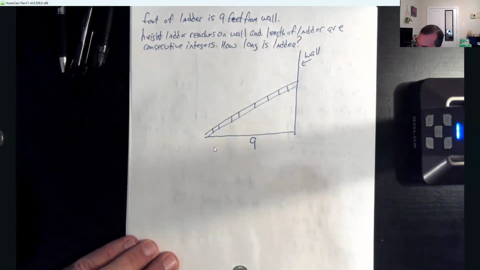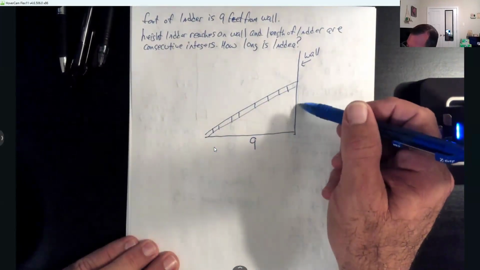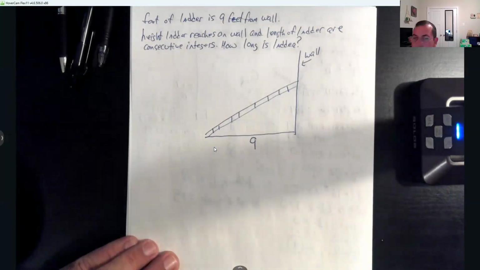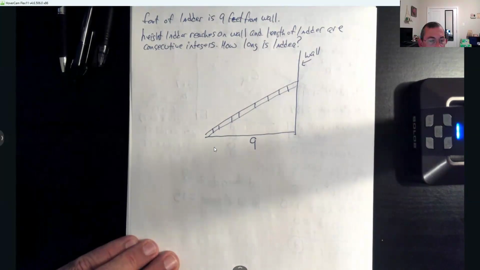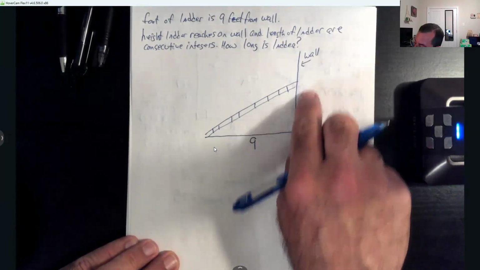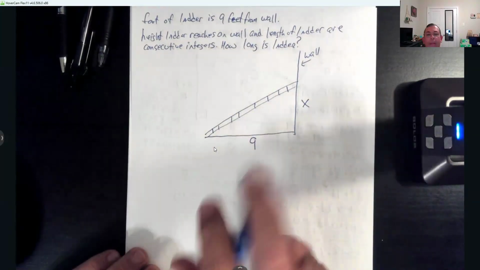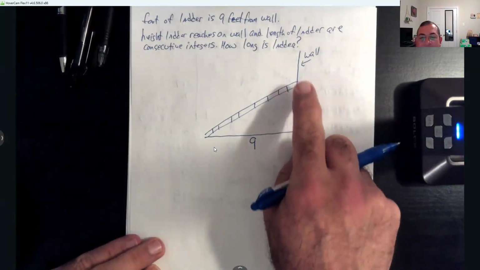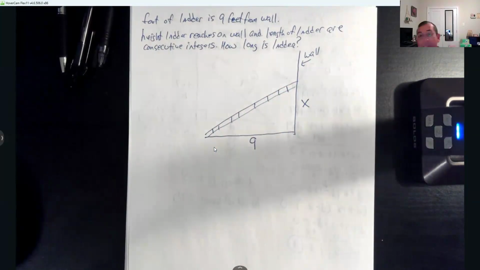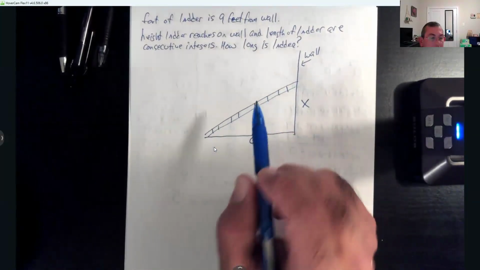Now, what else did they tell me? They said the height my ladder reaches on the wall here and the length of that ladder are consecutive integers. So y'all, I don't know this height right here. So what if I make that x? So if this is x and this are consecutive integers, what would I use to represent that ladder?